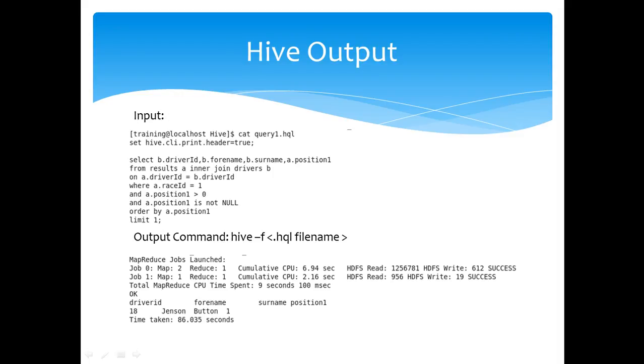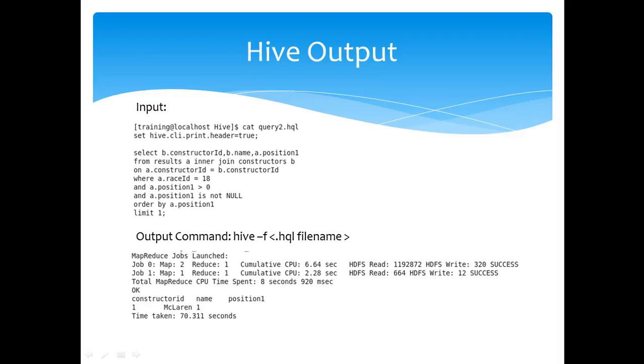From race ID 1, we are selecting the top racer, and we get that the top racer from race ID 1 is driver ID 18, whose forename and surname are Jenson Button, and it took 86 seconds to finish all the Hive programs in the background.